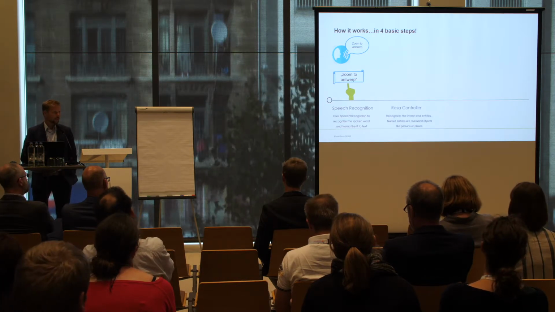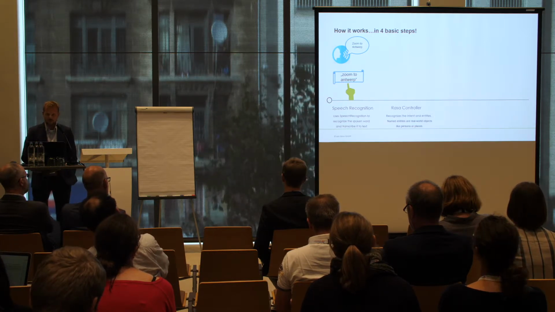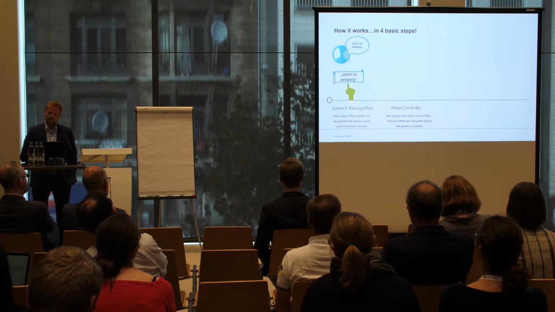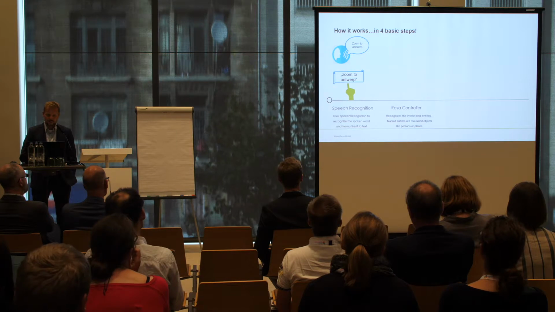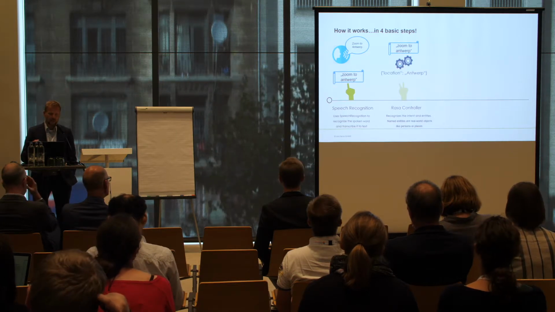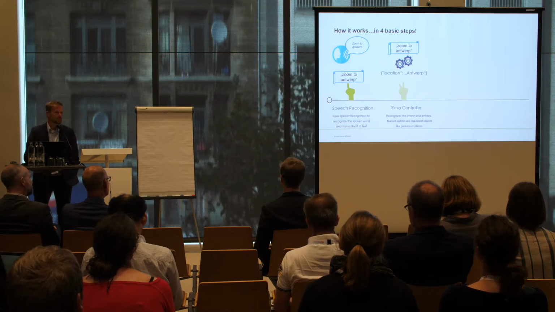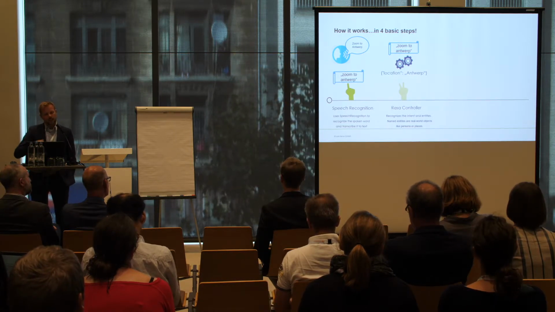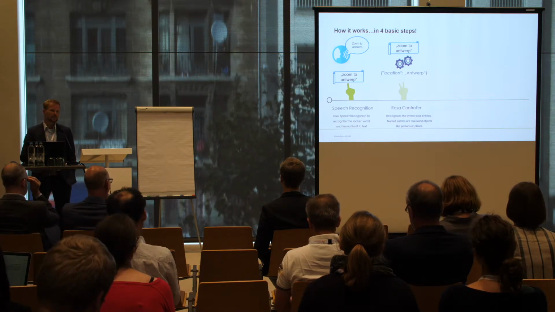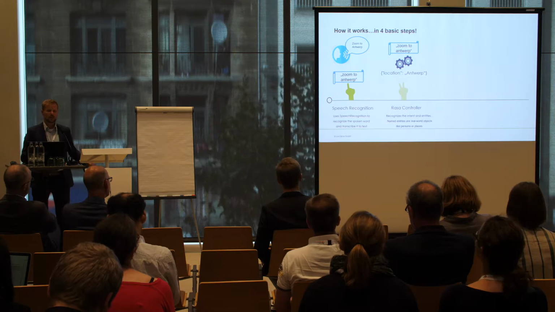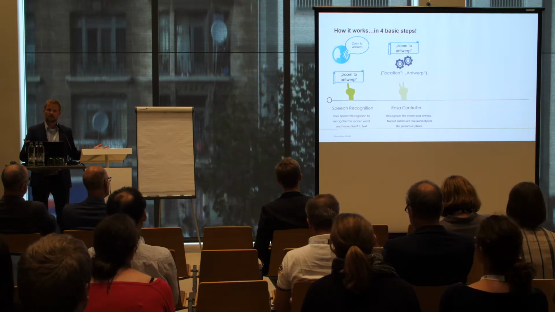For the second step, we use an open source software framework, the RASA controller, and this framework does two things. First, it recognizes the intention of the user. So this is zoom to somewhere, zoom to a location, for example. And in the second step, it extracts the entities the user is interested in. So this is, in this case, a specific location, like a city, like the city of Antwerp.